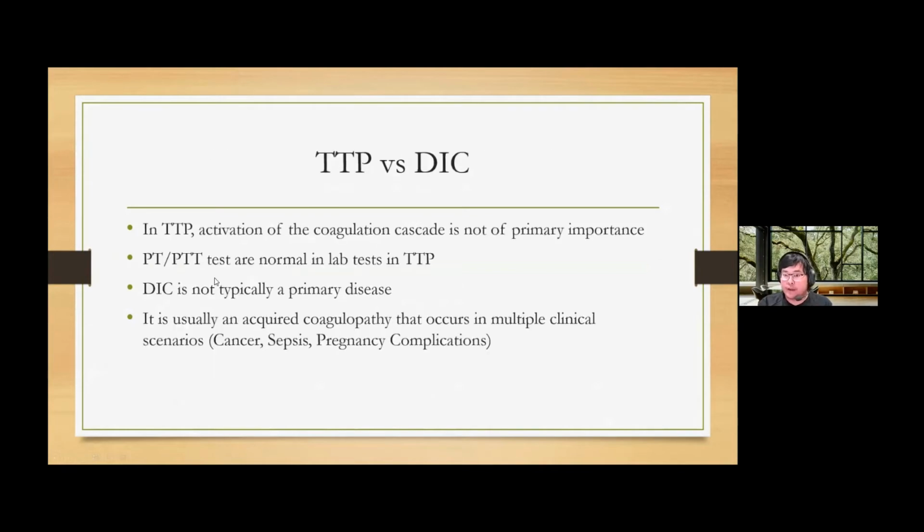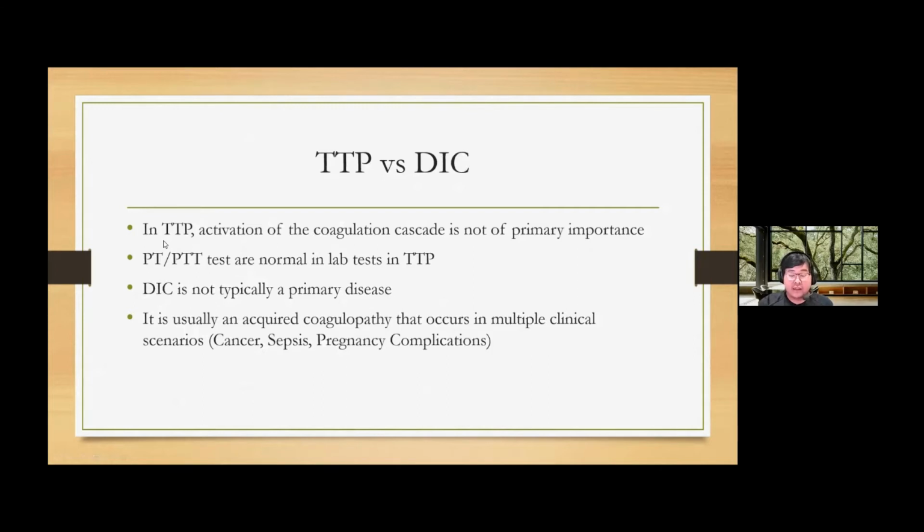So when we look at TTP versus DIC, in TTP, activation of the coagulation cascade is not of primary importance, and it's that fact that dictates why we give only plasma therapy to patients in TTP. They're not missing any coagulation cascade factors.